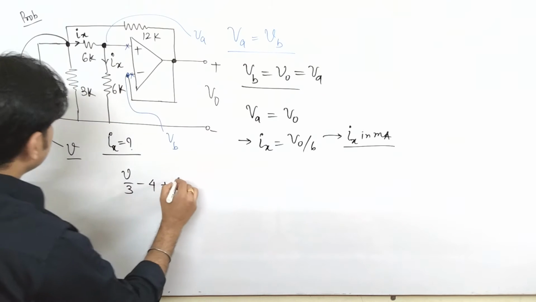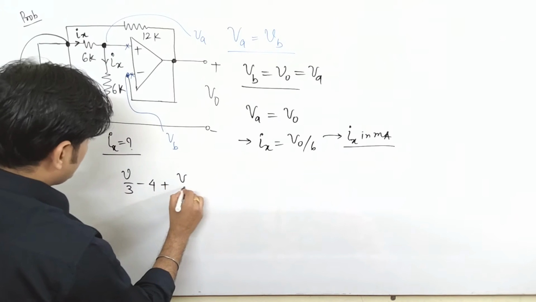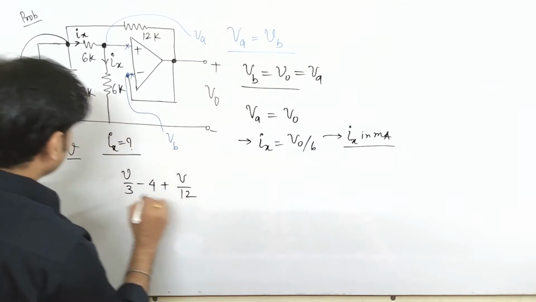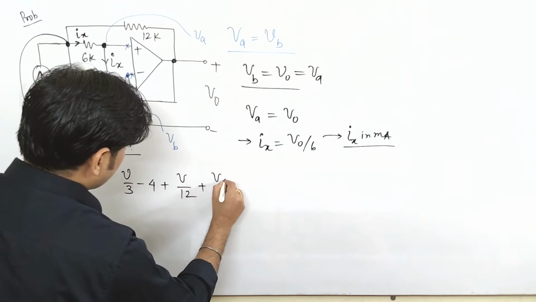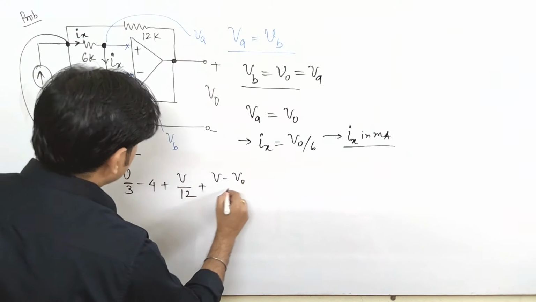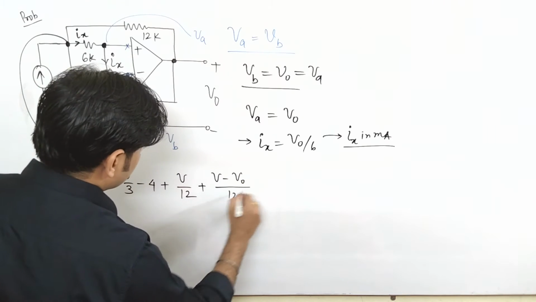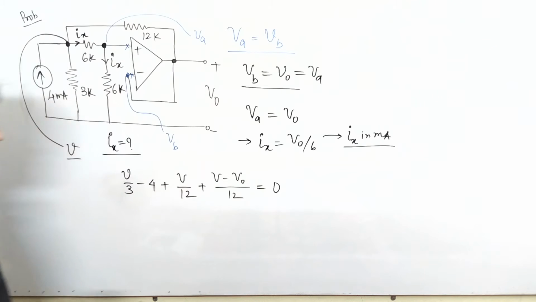I can write this directly as V upon 12, 6 plus 6 is 12, because the same current is flowing, and V minus V naught upon 12, that is equal to 0.